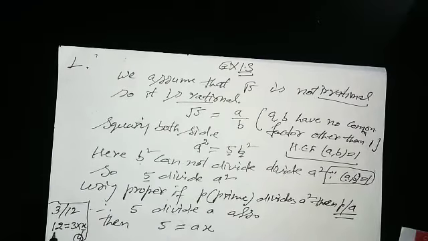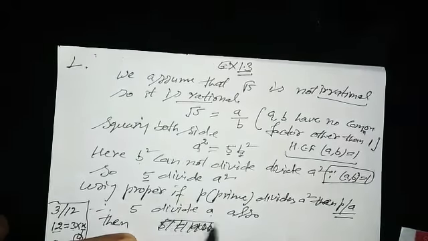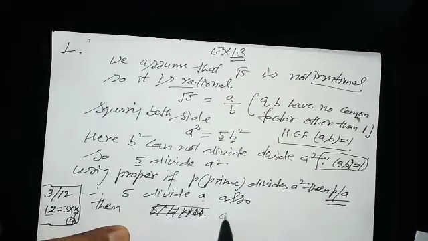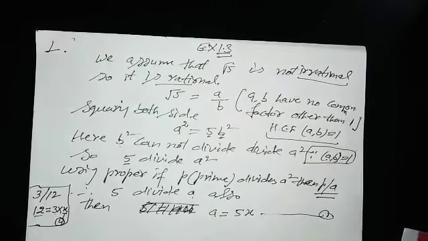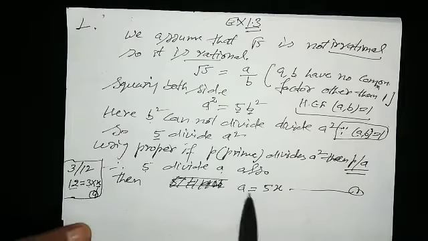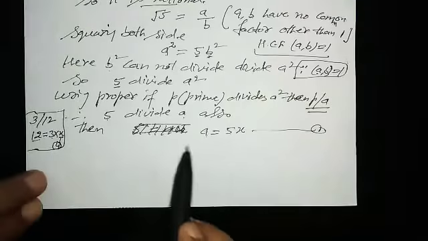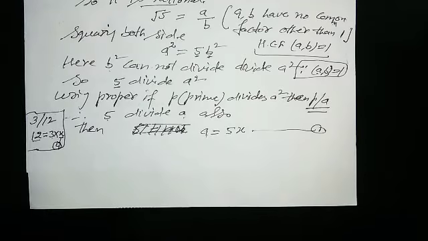Okay, now 5 divides a, so this a can be written as 5x, because a is bigger than 5, so a bigger number can be written as a product of a smaller number with the help of another one, right?